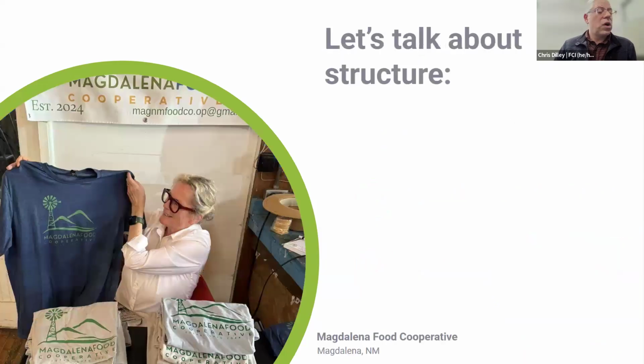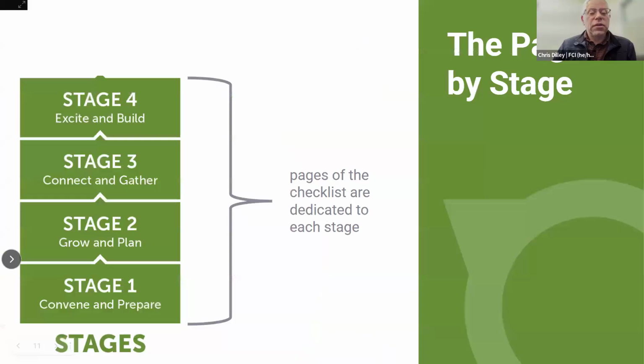All right, so let's talk a little bit about how the checklist itself is structured. The pages, I just happen to like that this rhymed, the pages are by stages. So the pages within the document itself, and I'm not sure, Mercedes, if you've had a chance to drop the link in the chat to the checklist, if you all don't have it available.